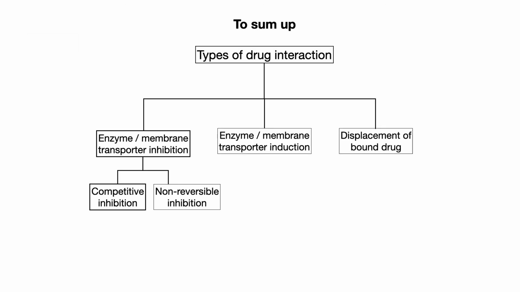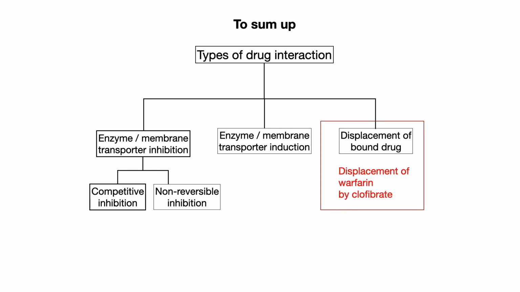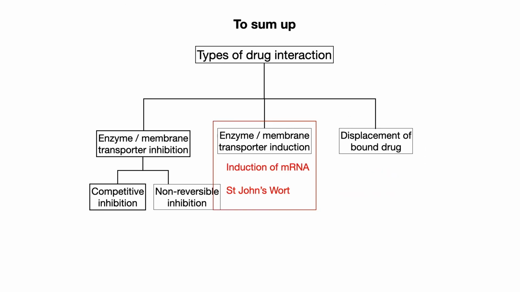That just leaves us to sum up. There are various types of drug interaction. We looked at displacement of bound drug, and the example we looked at was warfarin with clofibrate. We looked at induction, and the example there was St. John's wort.